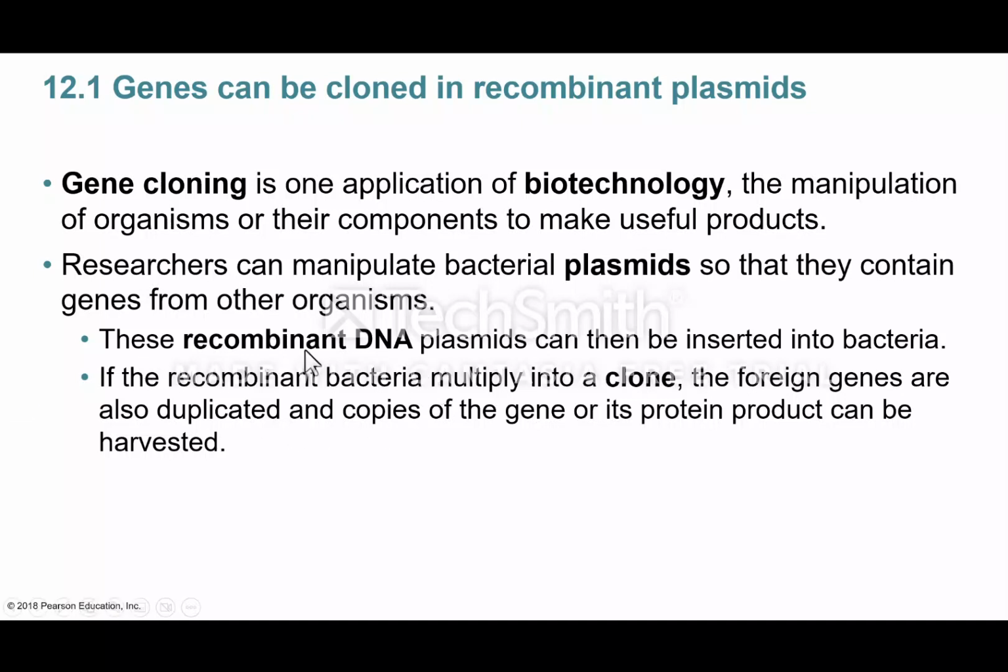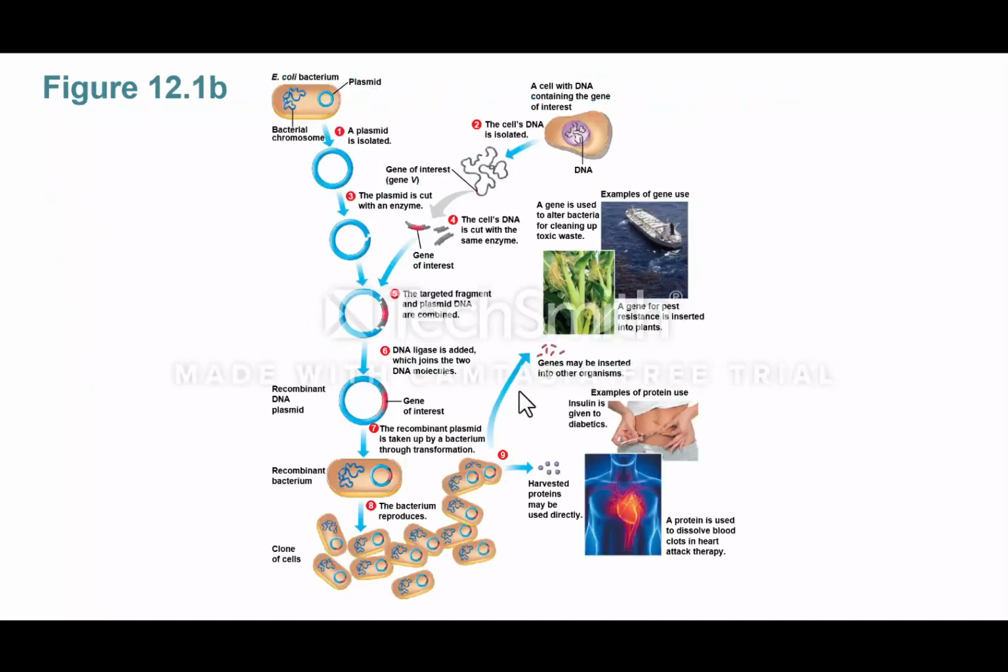We've recombined DNA in the plasmids. We can insert these into the bacteria, and then the recombinant bacteria can multiply into a clone. We think sometimes we can clone plants and animals, but really that starts with being able to clone DNA.